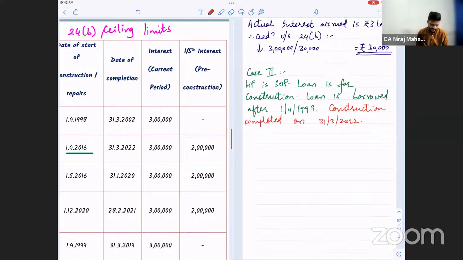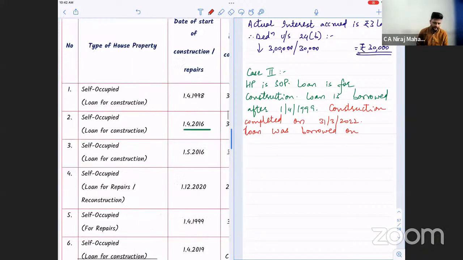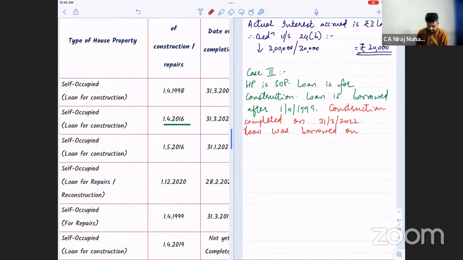And important now, okay? Loan was borrowed on. When, bachcho? 1/4/16. That is financial year, bachcho.